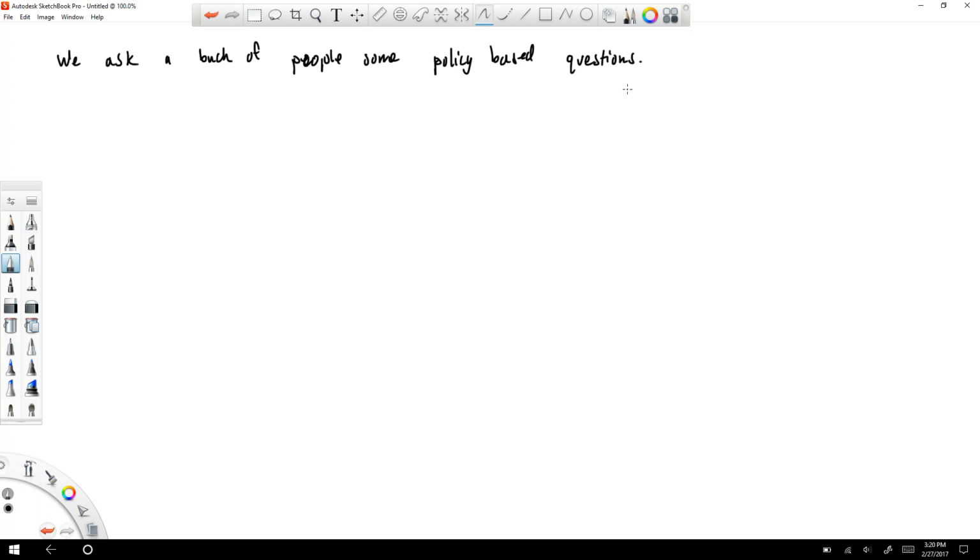Maybe you say, what's your opinion on gun control? Maybe these are all on scales from 1 to 5, where 1 is no gun control, and 5 is I'm all for whatever rules and stuff.